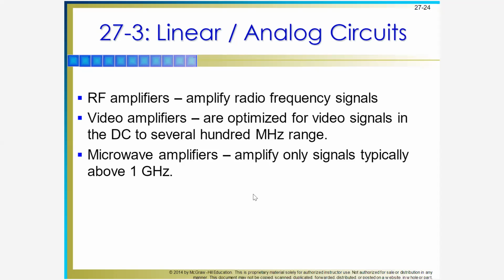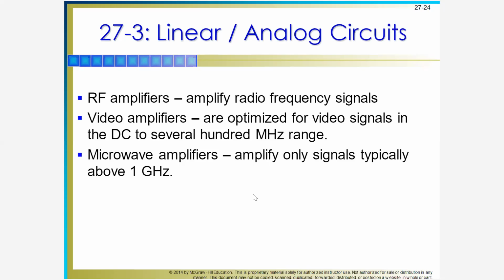If a transmitter transmits radio frequency 90.7, then as it goes on, what will happen to the signal? It will decrease, because the longer the distance, the more it will attenuate. Then we use an RF amplifier to increase the signal.